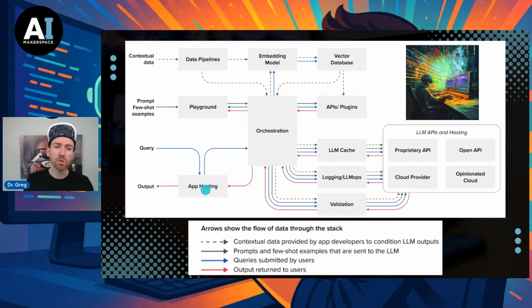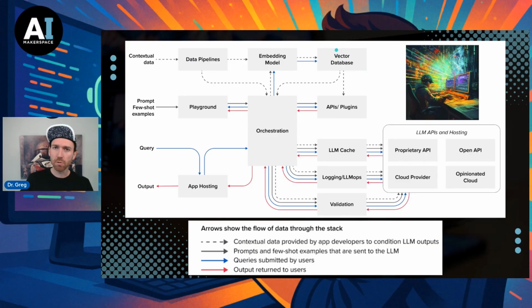We're going to have some sort of way to host our application. And importantly, we're going to have some sort of API on the back end, whether it's an open or closed API, doesn't really matter. We need to be able to hit an endpoint that gives us a response back from an LLM.